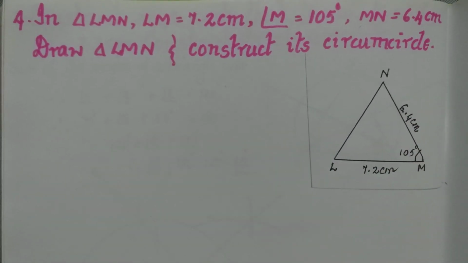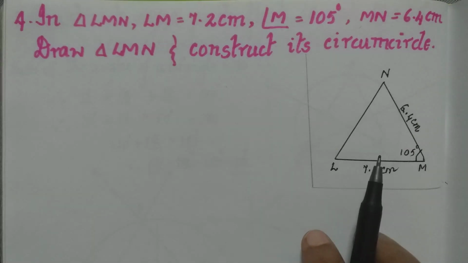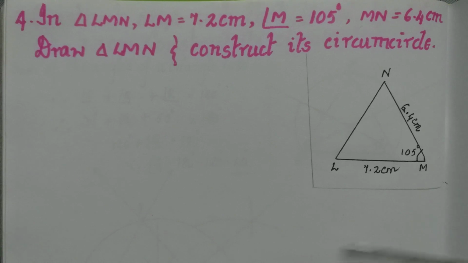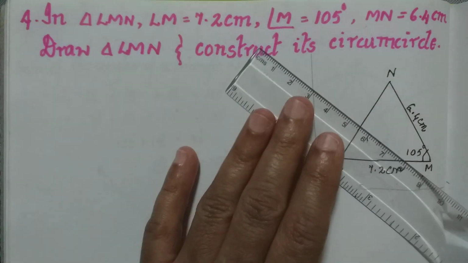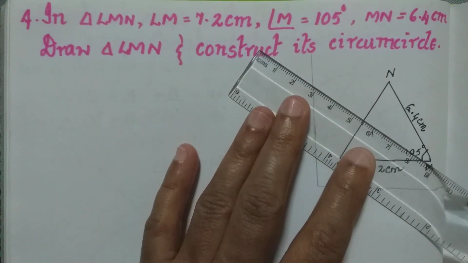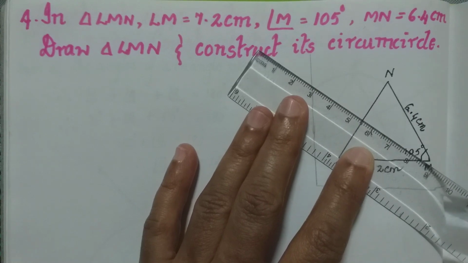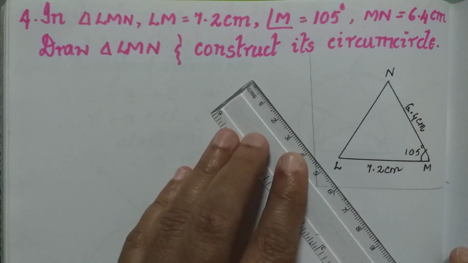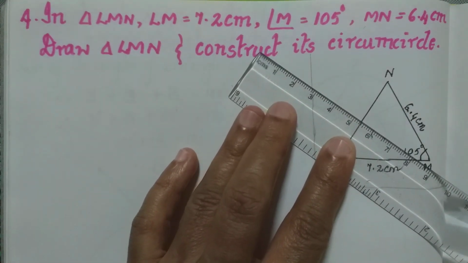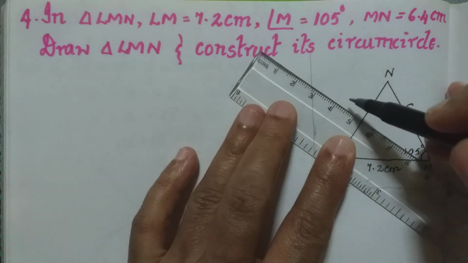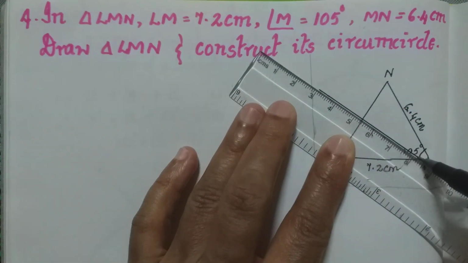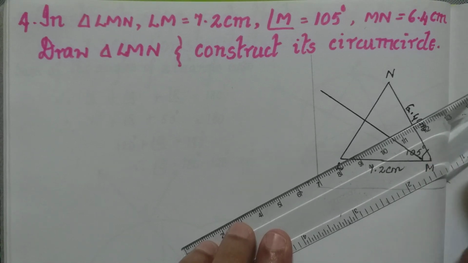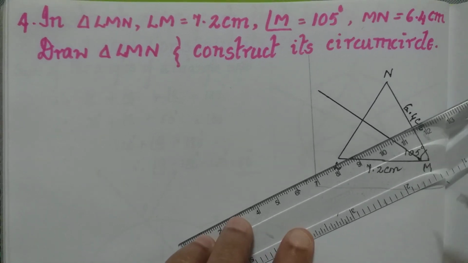And with these measurements now we have to construct the circumcircle. To construct the circumcircle, we have to have the perpendicular bisectors. So perpendicular bisectors of two sides of the triangle we will draw roughly. Say suppose this will be the perpendicular bisector of the side LN. So I will draw this here. And say suppose this will be the perpendicular bisector of the side MN.